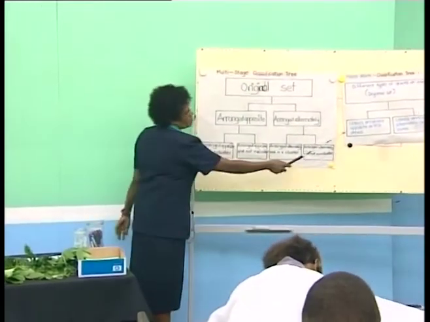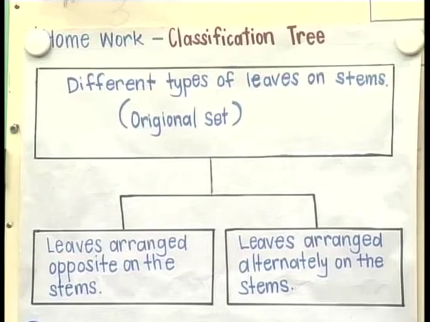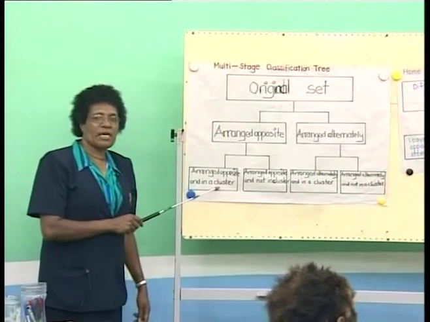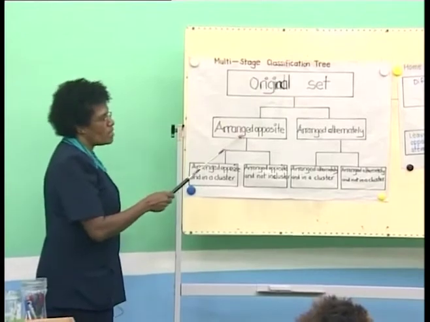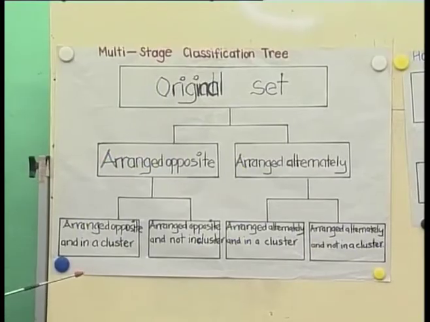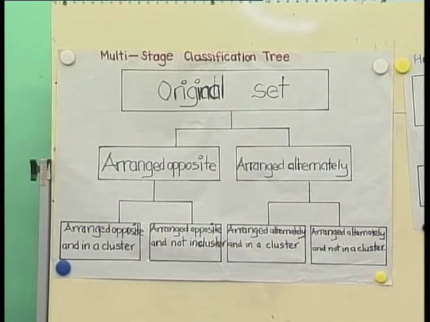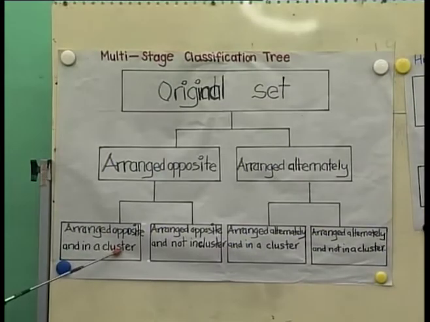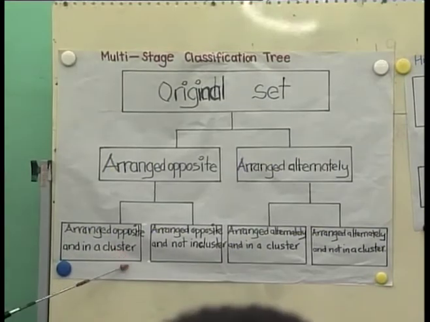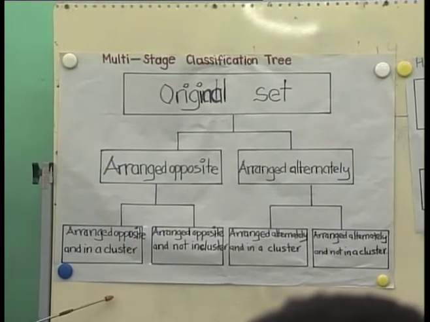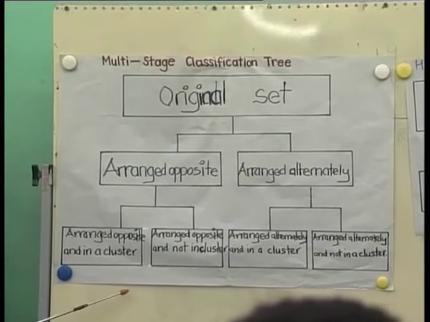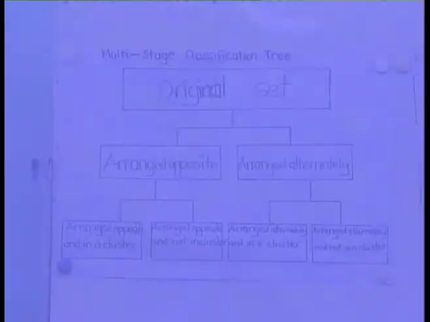This is binary classification where you only have two subsets made from the original set. Now, with the multi-stage classification, you have more subsets made from the common subsets that you have from the original set. These are different types of sorting or classifying objects and substances. Very good.